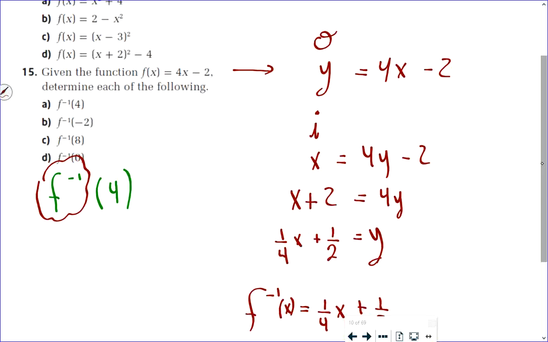So you could say, I'm going to put this in as a y coordinate and solve for x on the original. And that idea is going to be helpful later on when we have logarithmic and exponential functions, which are inverses. And going from one to the other is a lot of work. Anyway, is that okay? All right.